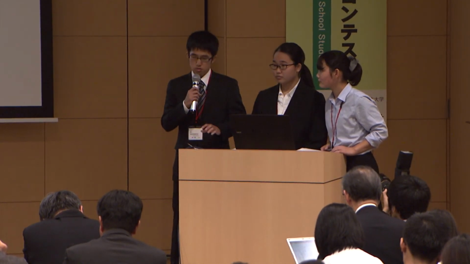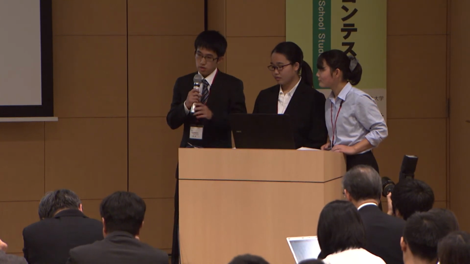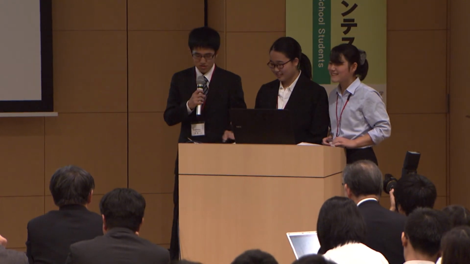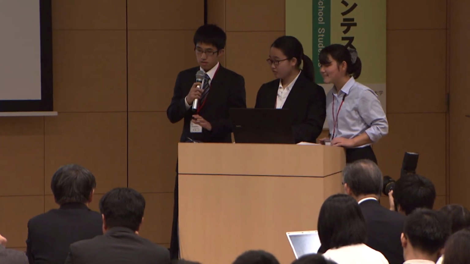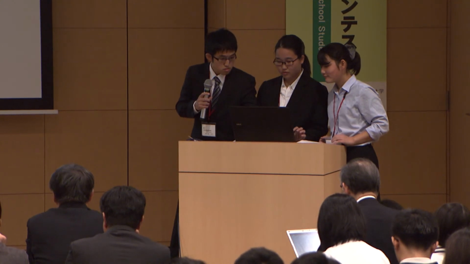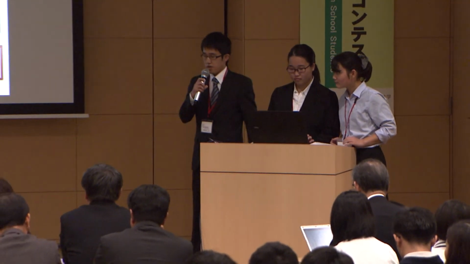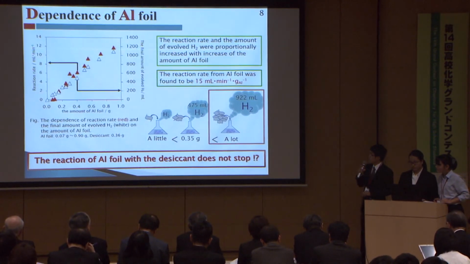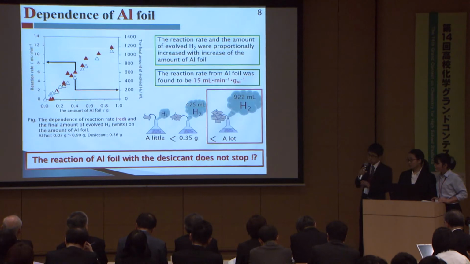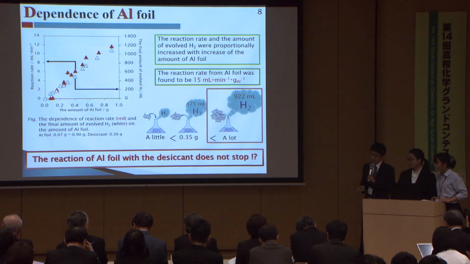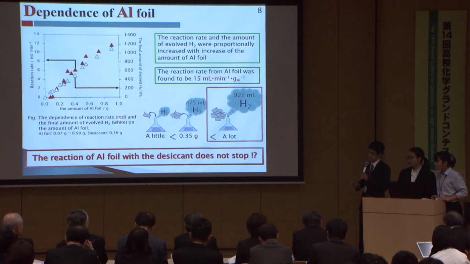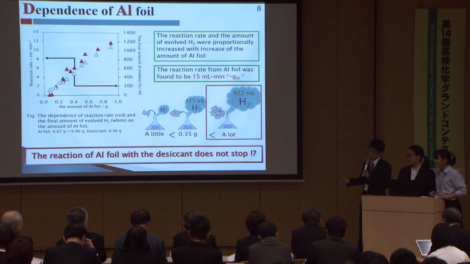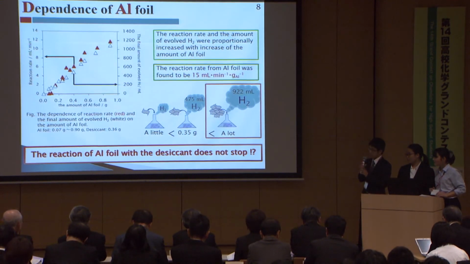Thank you for your question. Could I explain your question in English? Thank you for your question. We carried out the dependence on aluminum foil. When we carried out the dependence on aluminum foil, we cut the aluminum foil and also made a block of aluminum in this experiment.